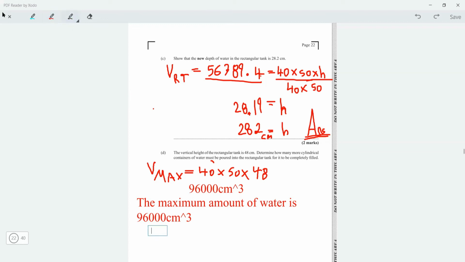All right, let's go again. The volume that remains in order to fill up the container is 96,000 minus 56,389.4.